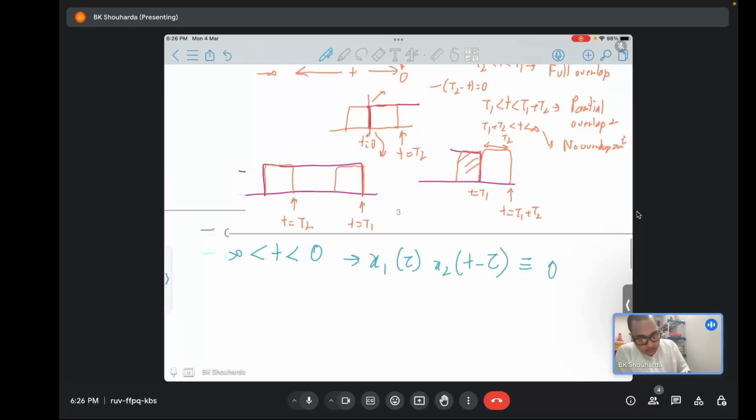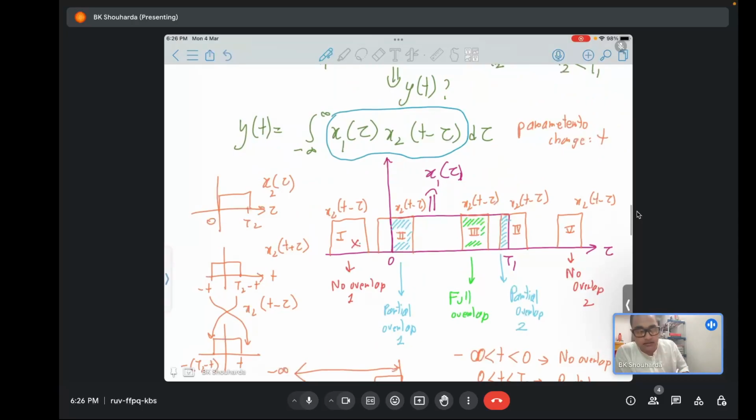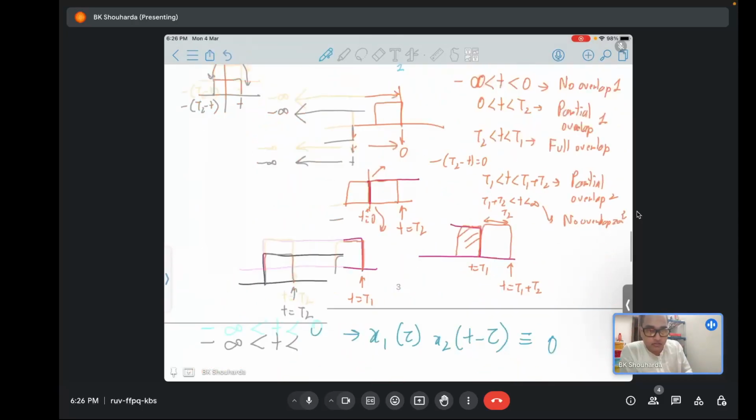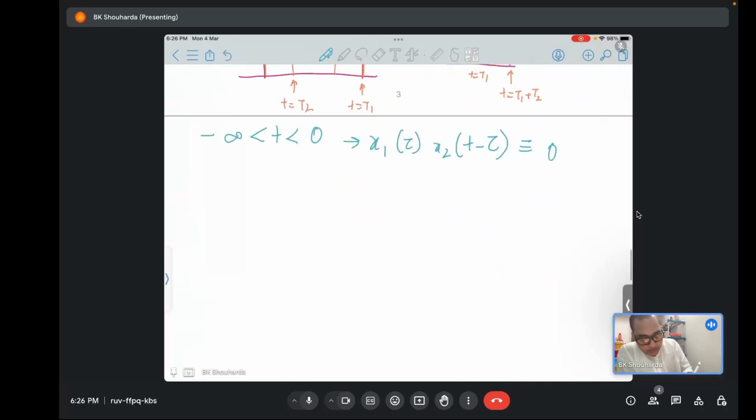Why? Because there is no overlap. These are multiplied and they won't meet each other, so their product is 0. The integral from minus infinity till any t, with 0, will give you 0. So y of t is actually 0 for this region.